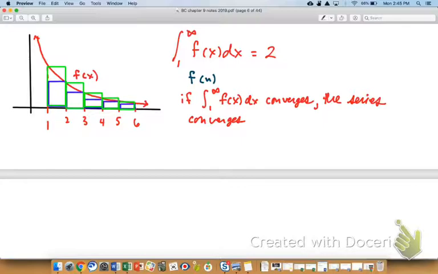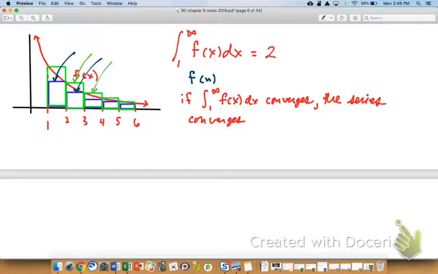Now listen, isn't this blue rectangle exactly the same as this green rectangle? And isn't this blue rectangle exactly the same as that green rectangle? So aren't we just out of phase by one rectangle?